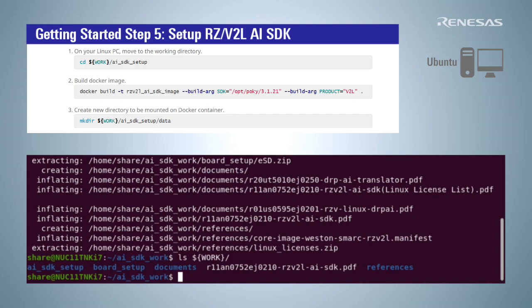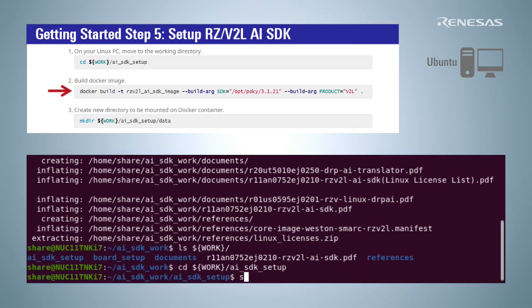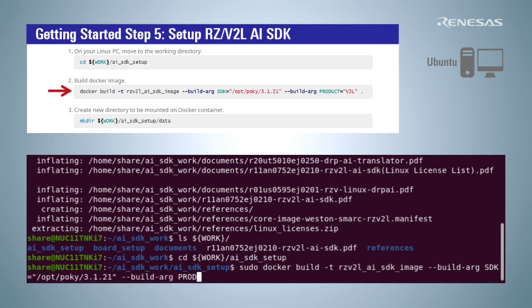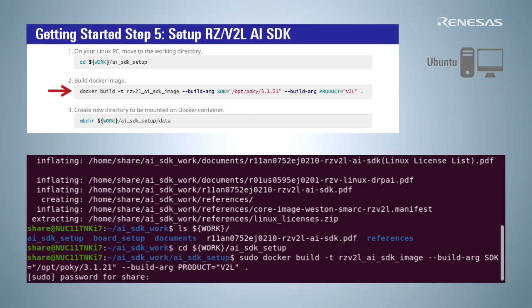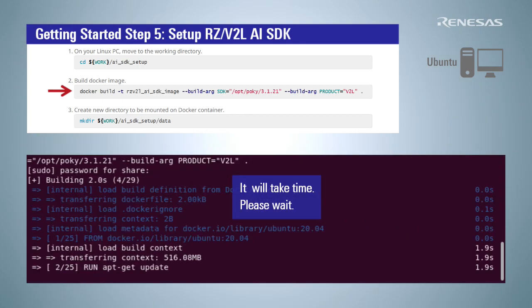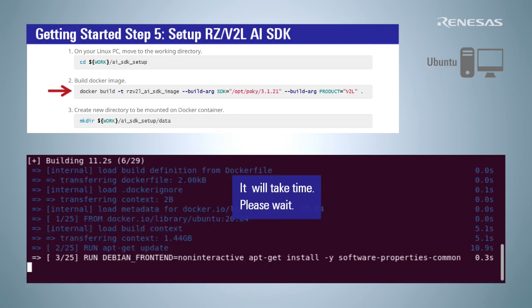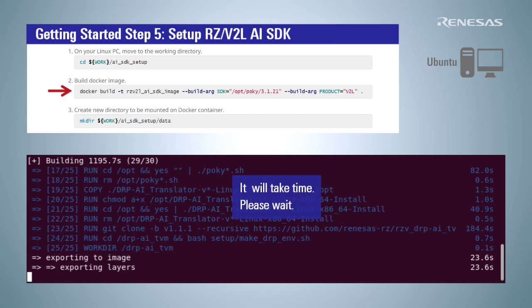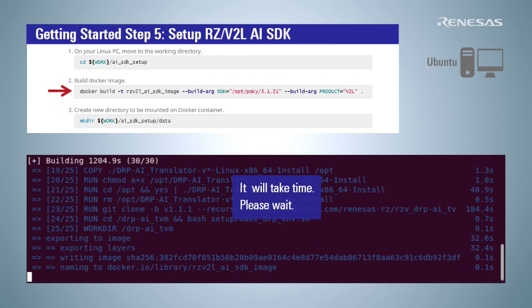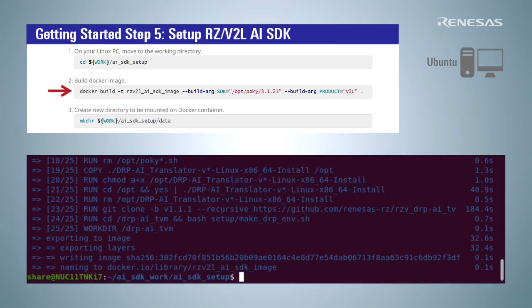Then we will set up AI SDK. Go to the working directory. Install AI SDK by building Docker image. Build is completed.